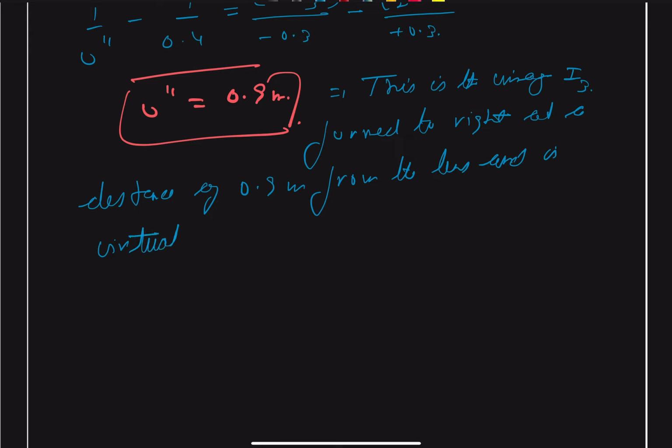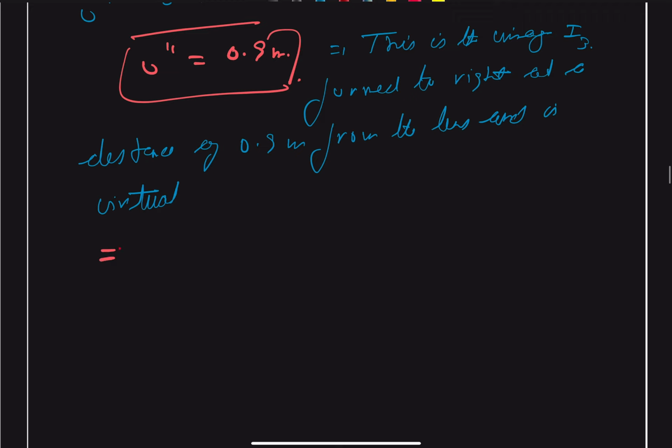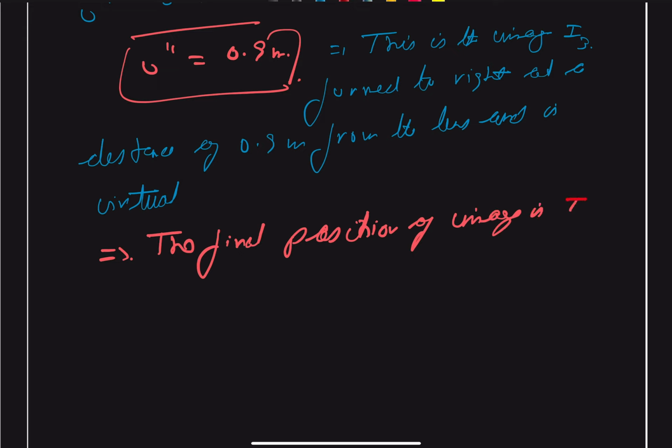Okay. So the final position of the image is I3, which will be 0.9 meters to the right of the lens.